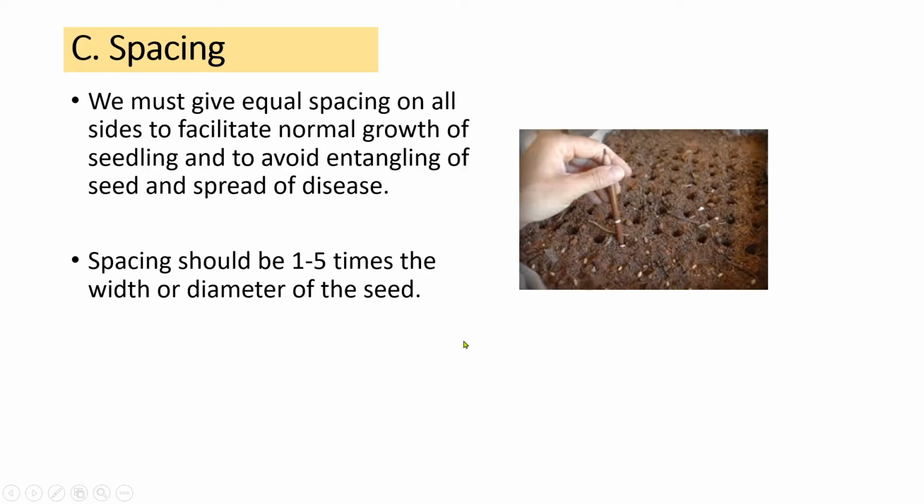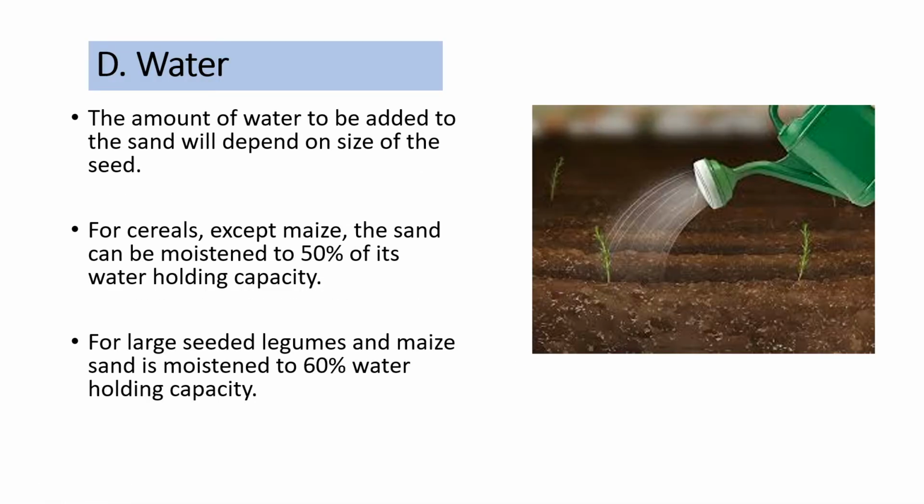So spacing will be a little bit higher for seeds such as rajma, while spacing would be a little bit lower for seeds such as brassica and rice grains.